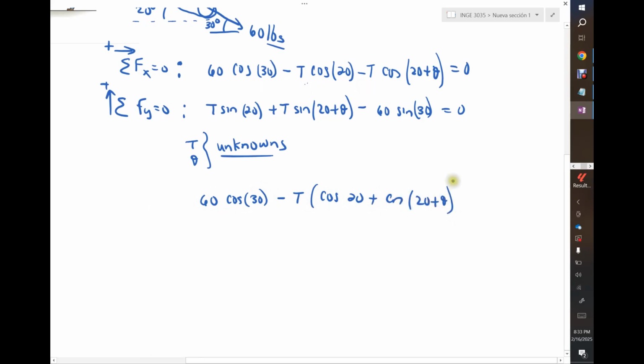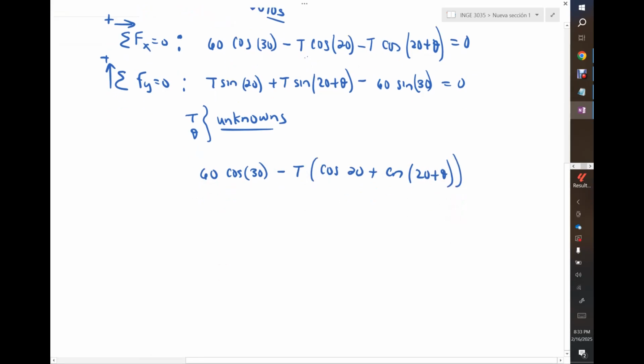Close here, and we close here. Now we can solve this equation for t, so t is equal to 60 cosine of 30 divided by cosine of 20 plus cosine of 20 plus theta.